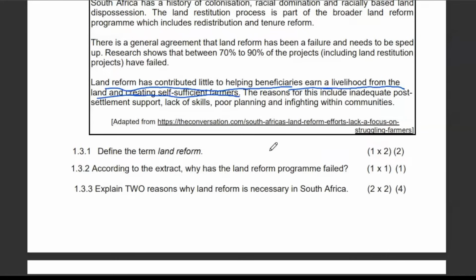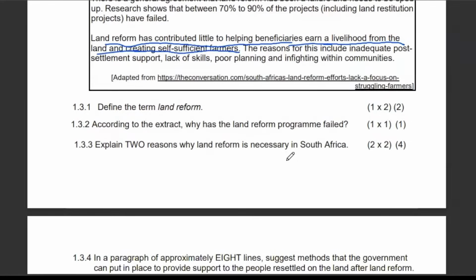Moving on to the next question. Explain two reasons why land reform is necessary in South Africa. Why must the government institute land reform in South Africa? Why is it a necessity that the government puts in place land reform? We can talk of improving food production.